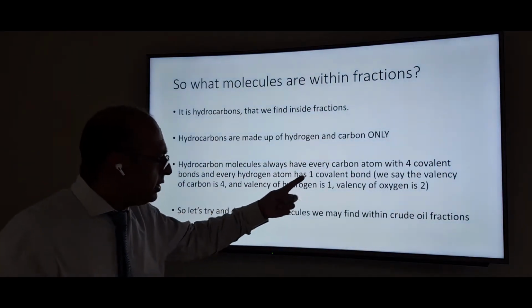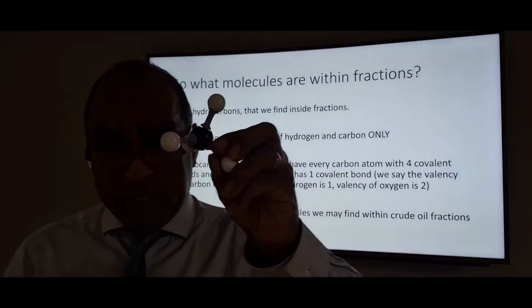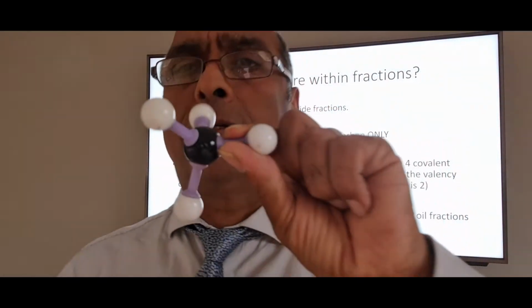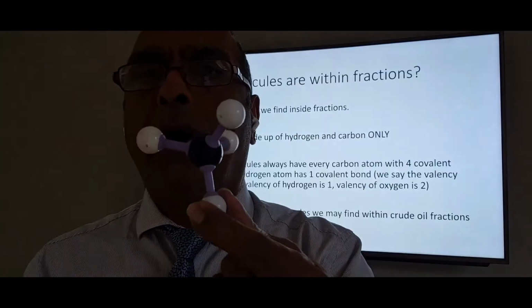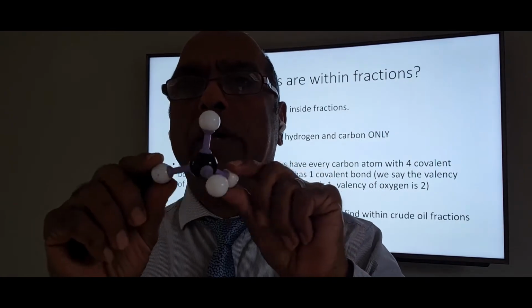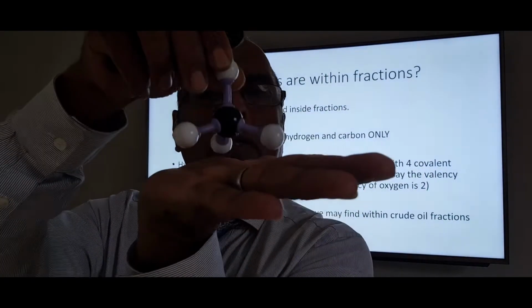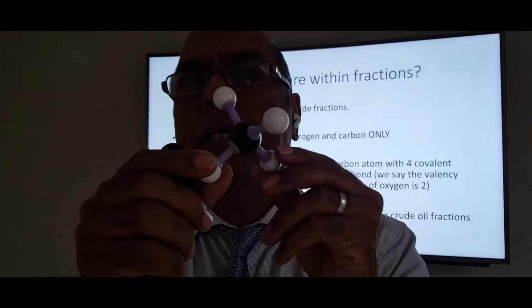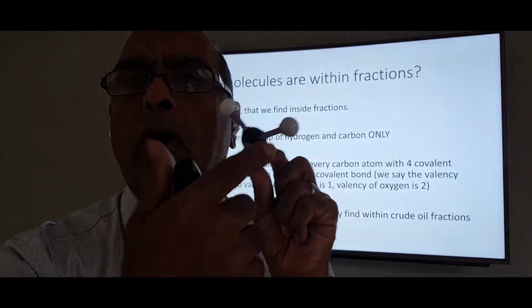Hydrocarbon molecules always have every carbon with 4 covalent bonds. Look, here. This is the smallest of my hydrocarbons. 1 carbon, 4 hydrogens. Now, that 1 carbon, 4 hydrogens is symmetrical. It's more or less an equilateral triangle on every face.